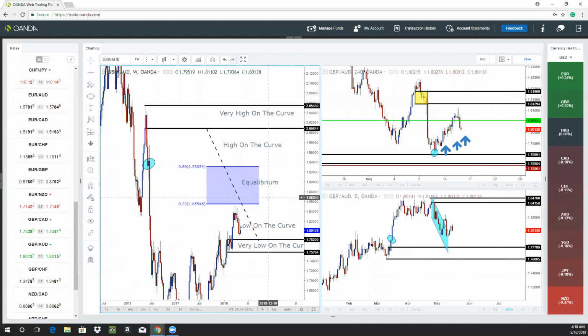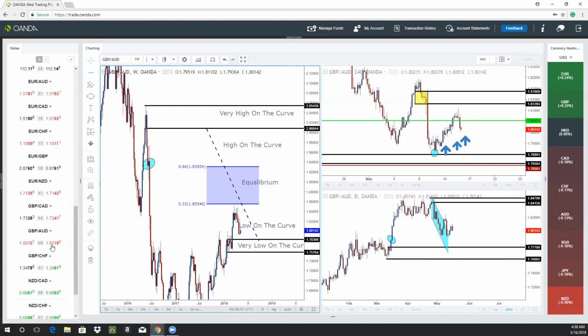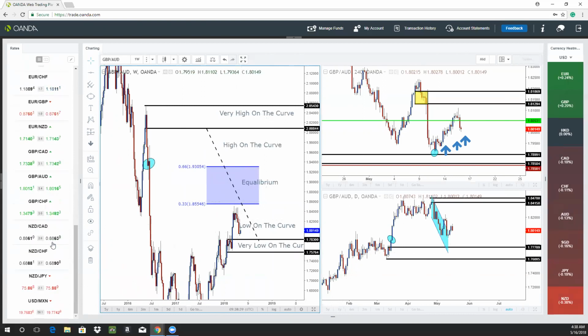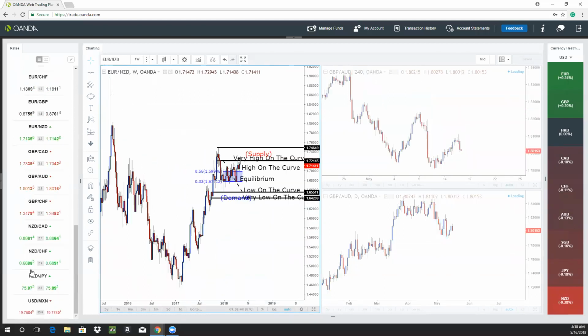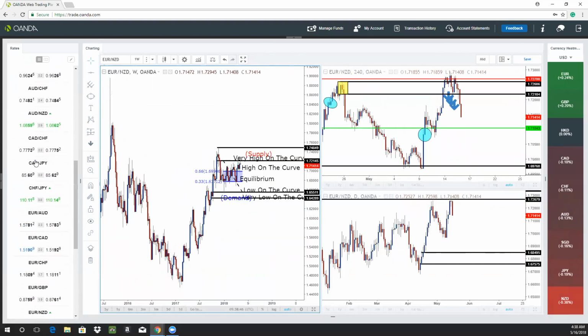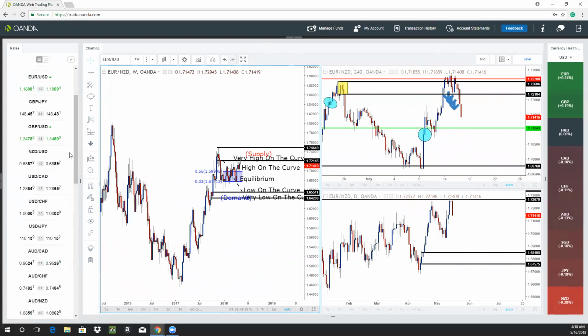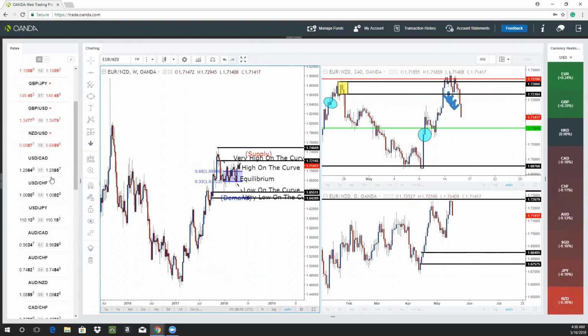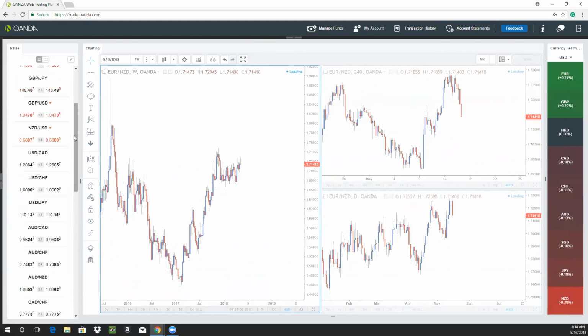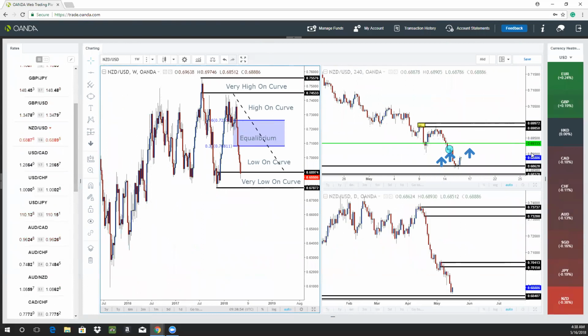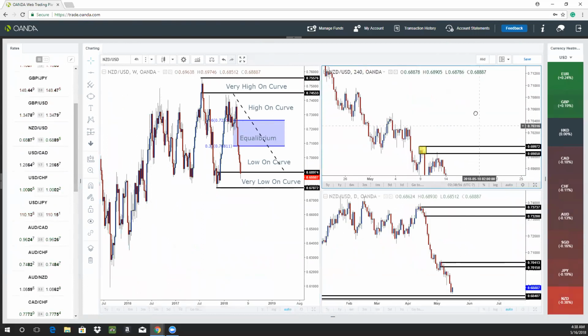So we talked about the New Zealand US dollar trade, right? The long position that I have on that, which is this trade right here. No, that's not it. Okay, it's this one right here. Yeah, so you have this long position.